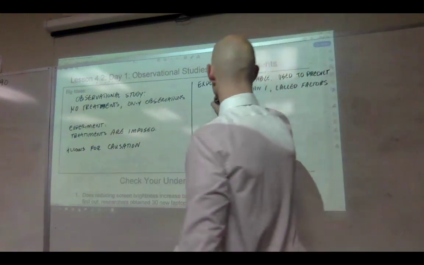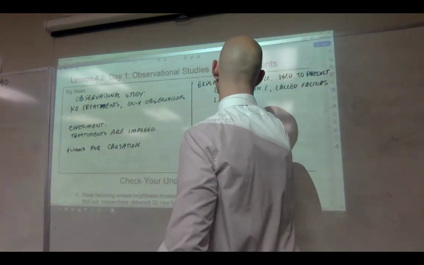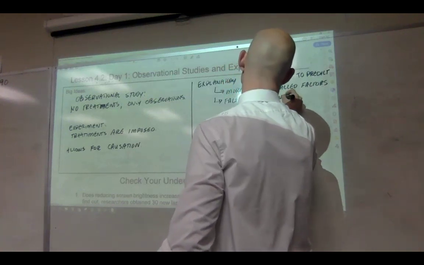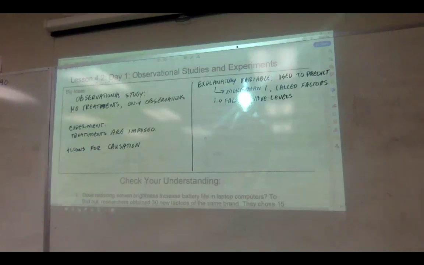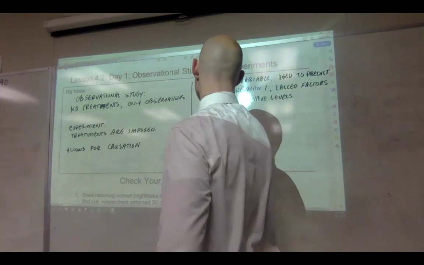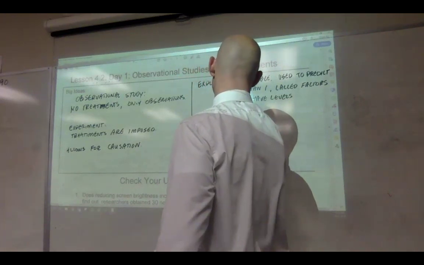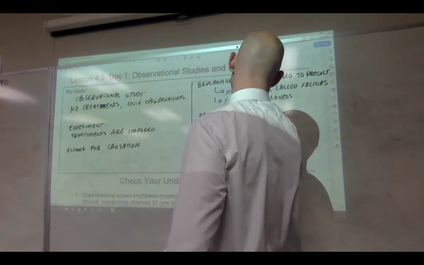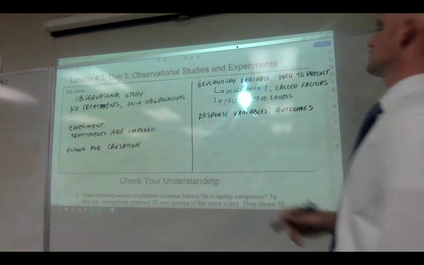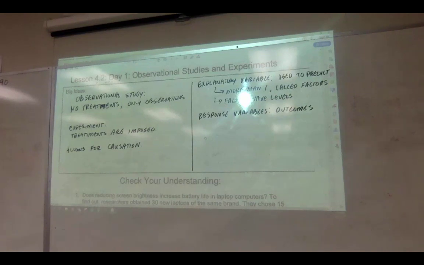And factors have levels. What were the greatest factors influencing a person's decision? What were the greatest factors that caused whatever it is that we're looking at in this experiment? The response variables are the outcomes.